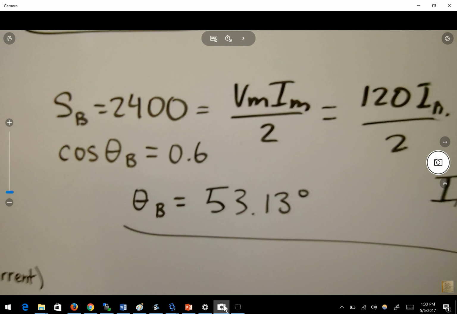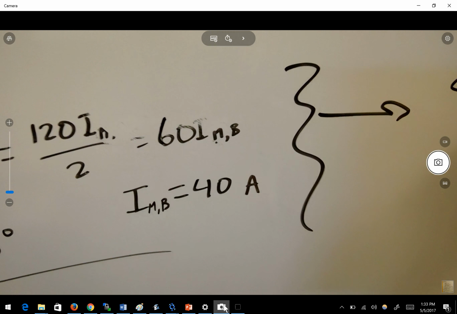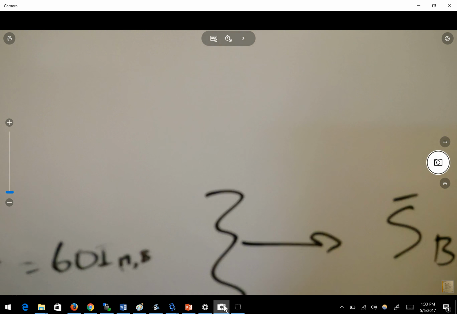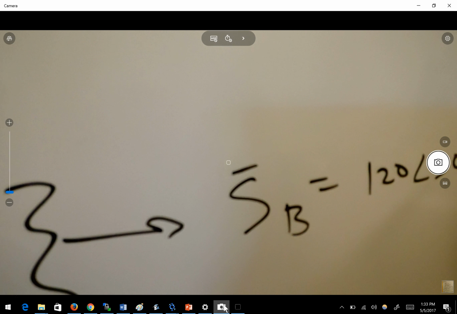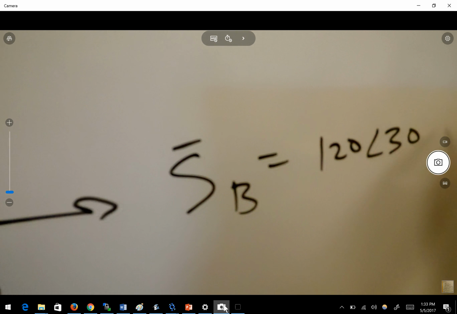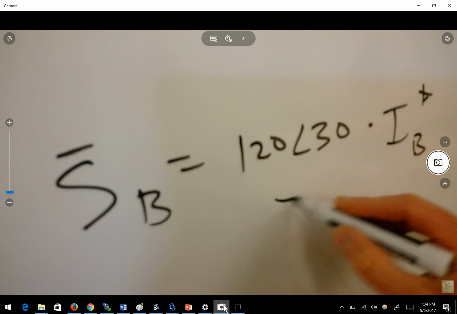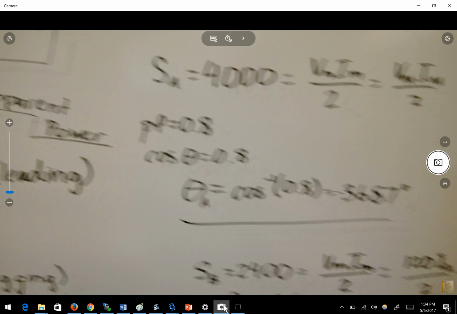So with SB, you've got SB is 120 angle 30 times IB star over 2. And these are not RMS. Is that an RMS value for that 120? Okay.